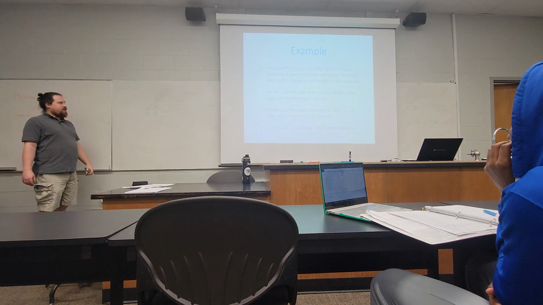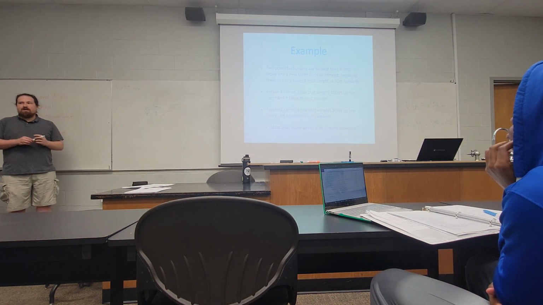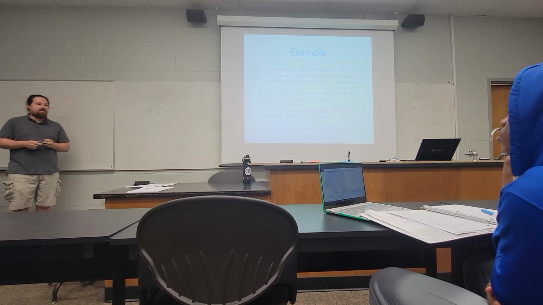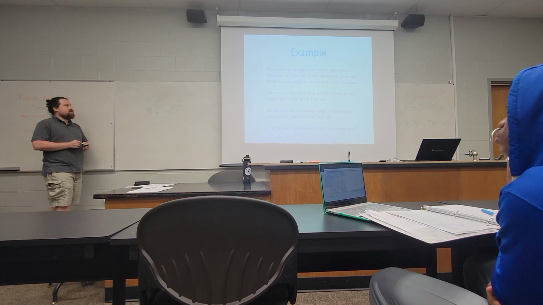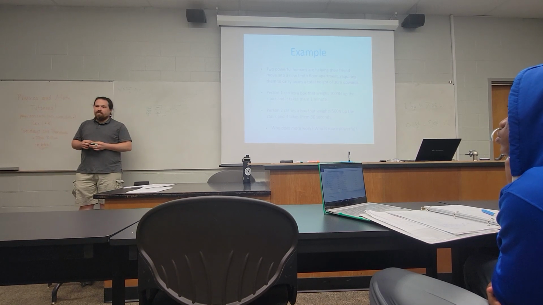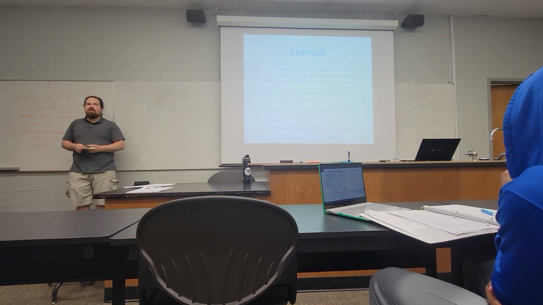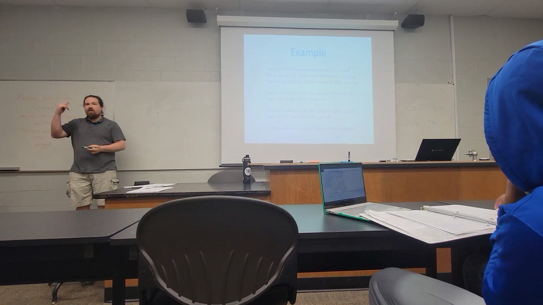So person A and B each have two differently sized boxes. One weighs, these are weights, not masses, one weighs 1,000 newtons, the other weighs 500 newtons. And these two people are going to physically carry them both up the same flight of stairs, 30 meters in height.